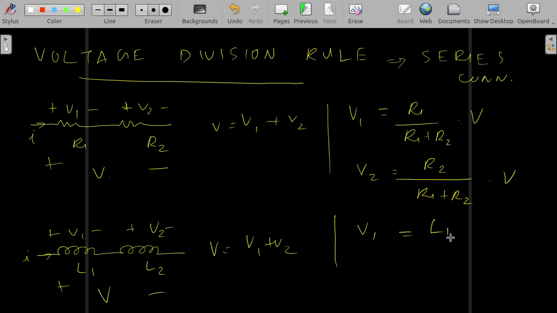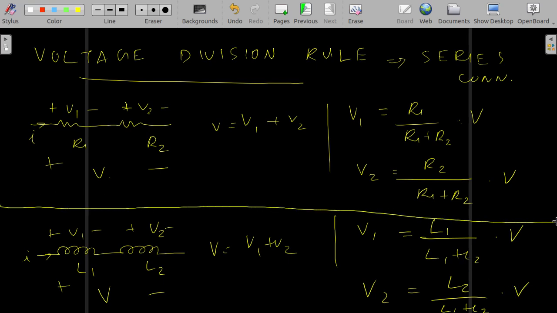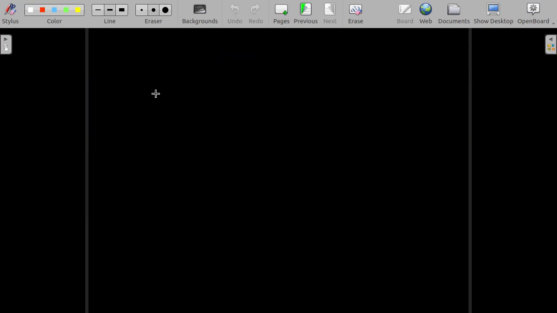It will be L1 by L1 plus L2 into V. Inductors and resistances always behave very similarly when it comes to voltage and current division. V2 equal to L2 by L1 plus L2 into V. So if you know resistance, then the inductance is pretty much the same. So how will it be for capacitance?